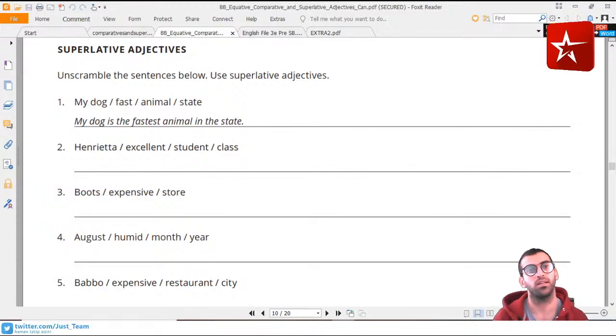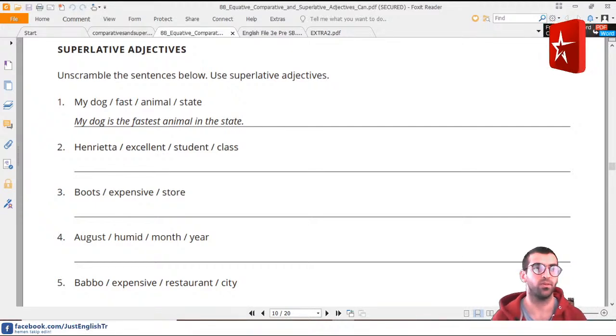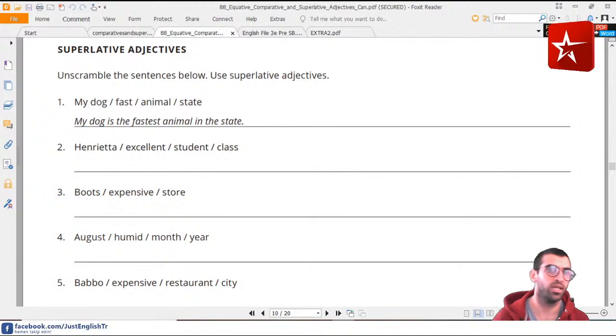So how can we make a sentence? We have to make a sentence by using subject, verb, and object and adverb. For example, my dog is the fastest animal in the state. Yes, that's the correct sentence.